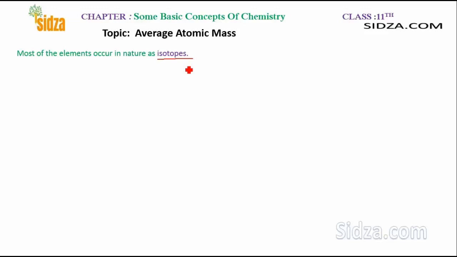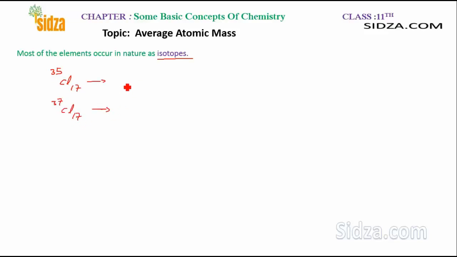Isotopes, we know, are the elements having the same atomic number but different atomic mass. For chlorine, we know one of its isotopes is chlorine 35, atomic number 17. Another isotope of chlorine is 37.